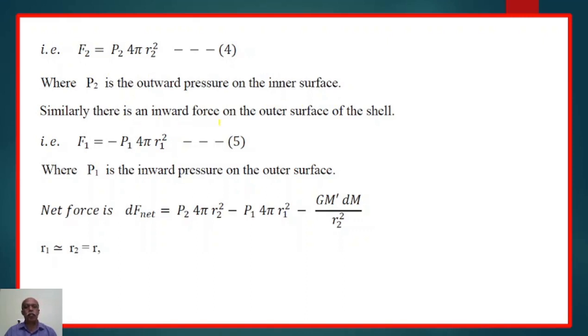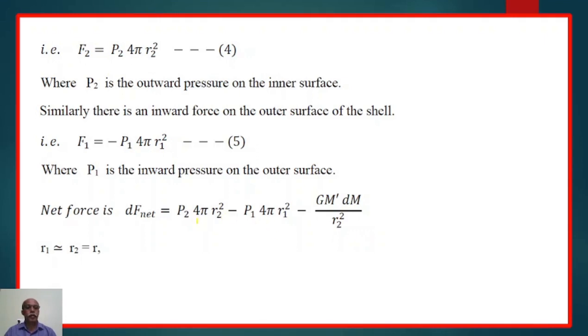Similarly, there is an inward force on the outer surface of the shell due to the matter present outside the spherical shell of radius R1, and that is given by F1 is equal to minus P1 into 4 pi R1 square. P1 is the inward pressure on the outer surface of the spherical shell of radius R1. Now the net force is therefore dF net is equal to P2 4 pi R2 square minus P1 4 pi R1 square minus G m dash dm by R2 square.